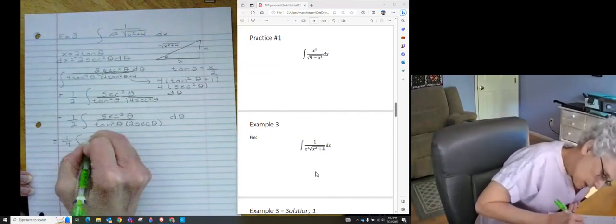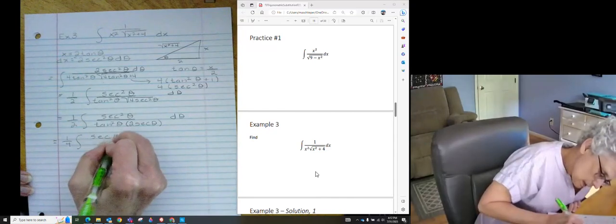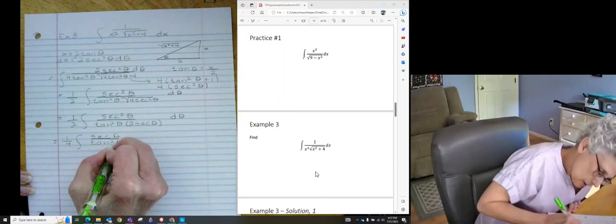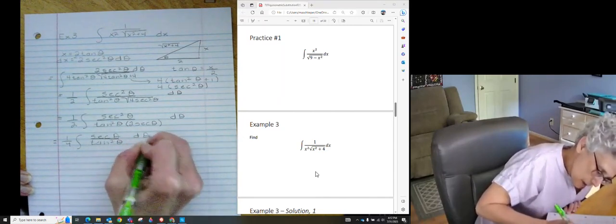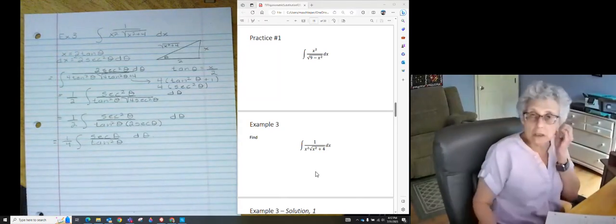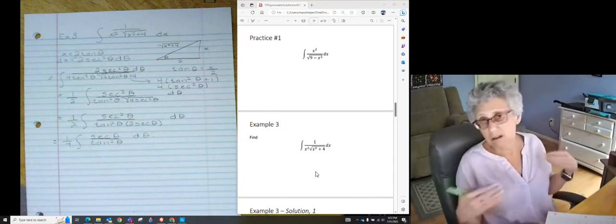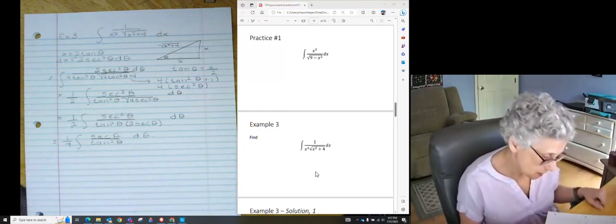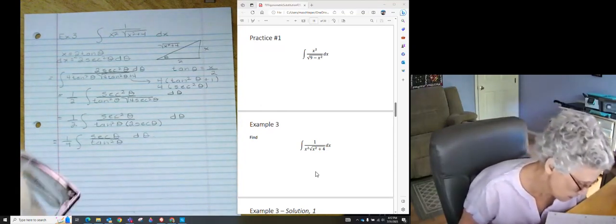Let's write it neatly: secant of theta over tangent squared of theta d theta. Now, we need to be able to integrate this thing. It doesn't go with any of those simple, let's just replace this with that kind of things.